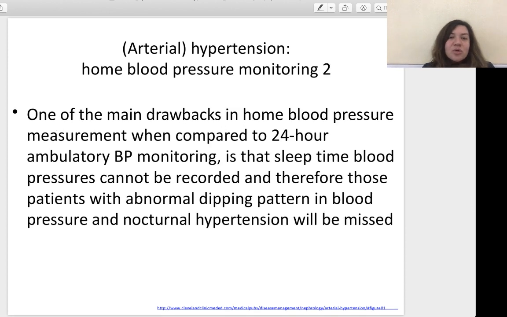One of the main drawbacks compared to 24-hour ambulatory monitoring is that sleep time blood pressure can't be recorded at home by the patient individually, and therefore patients with abnormal dipping pattern and nocturnal hypertension will be missed.